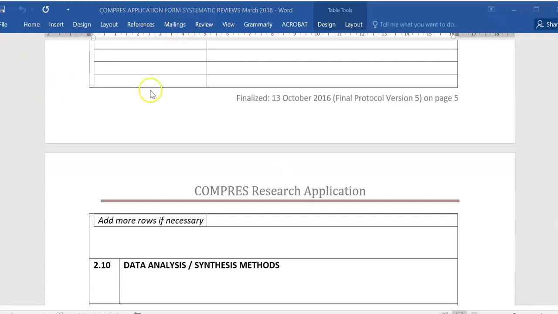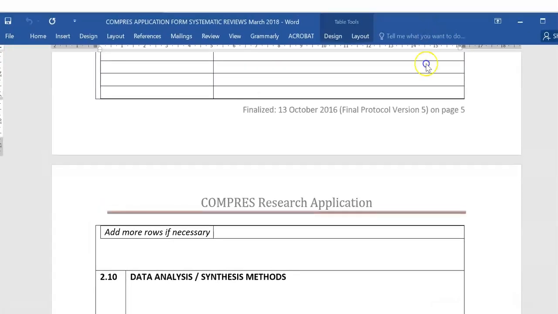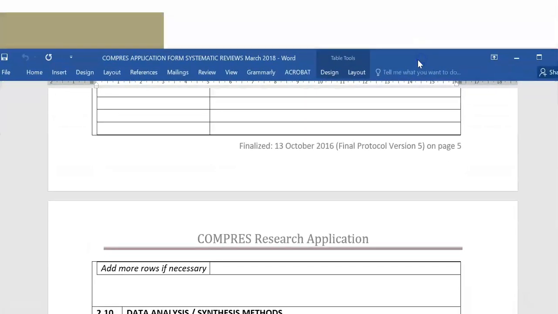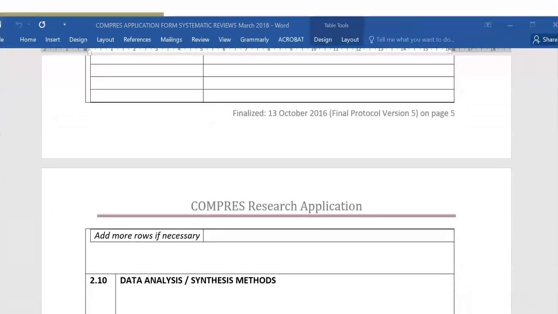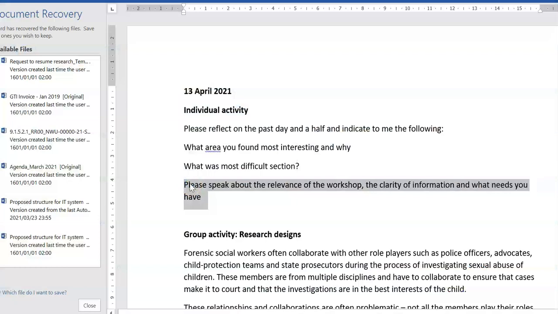Okay. So colleagues, I think that we have reached the end then of this workshop, and I have a little job for you, a task for you to complete, and I will upload it now. I would like you to do a short individual activity for me, please.